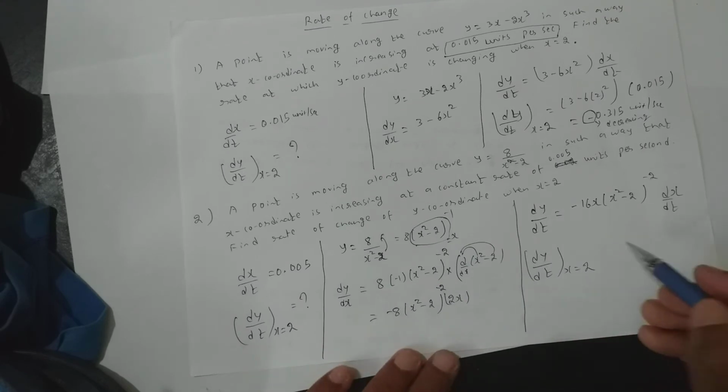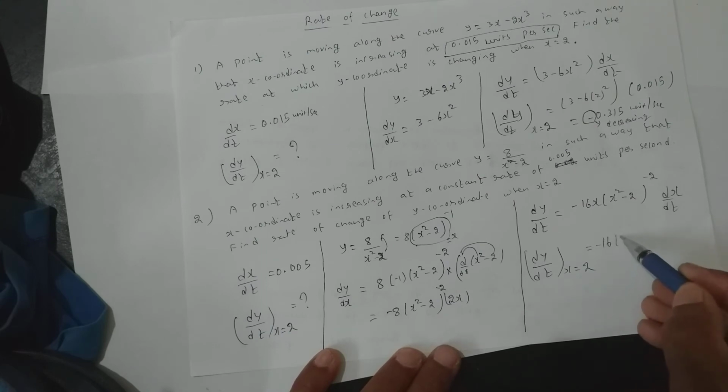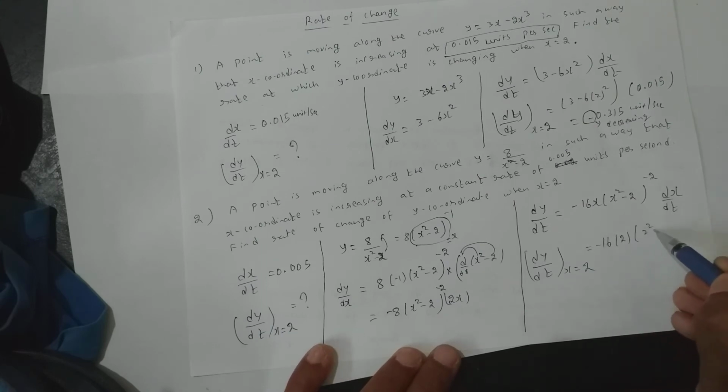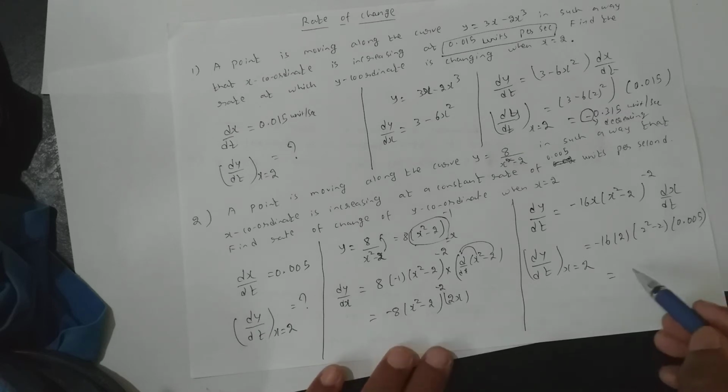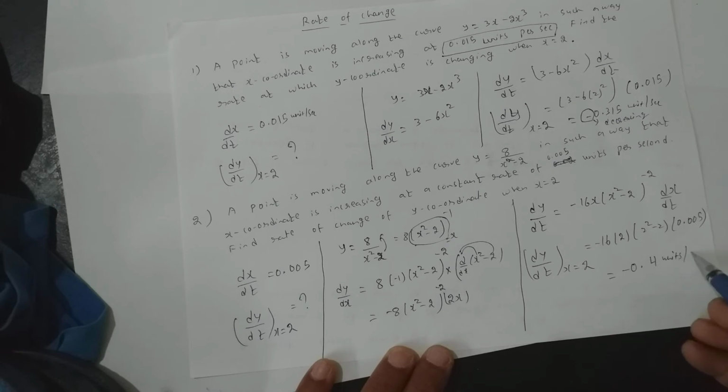Replace x value to be 2. So minus 16 into 2 into (2 square minus 2) power minus 2 into dx by dt, which is 0.005. Clear? So this will give you the answer, which is minus 0.4 units per second.